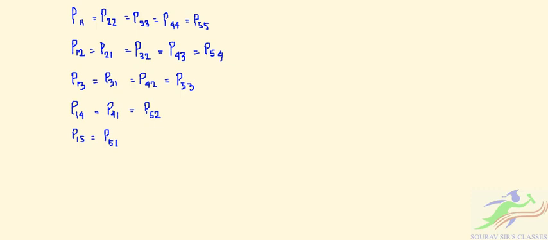Similarly, we find P21, then P23, P24, P25. P21 is the same as P23, P34, P45. P23 can be written as P32, P43, P54.